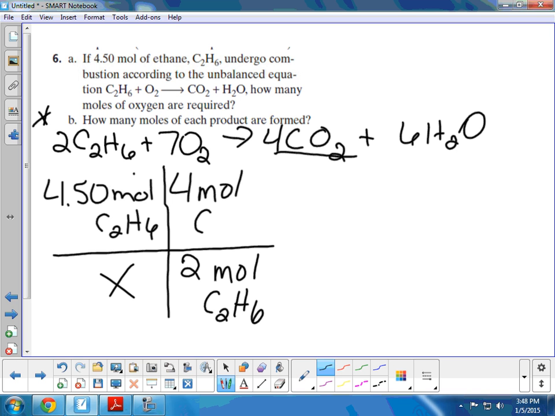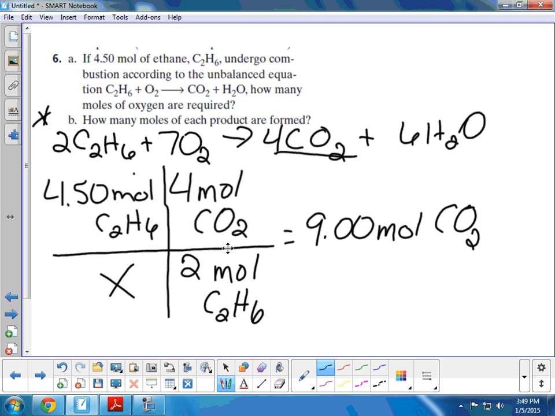I'm just going to plug this in. It's 4 moles of CO2. So I have moles of product. I can stop there. I'm going to multiply across the top and get an answer. Multiply across the bottom and get an answer. And divide the 2. So here you should get 9 moles of CO2.